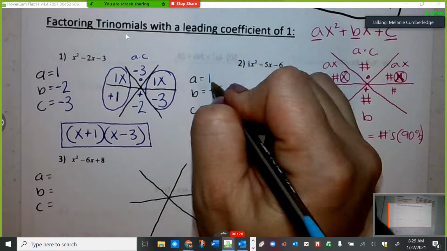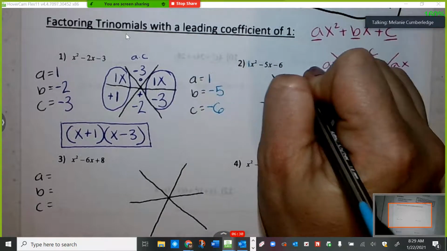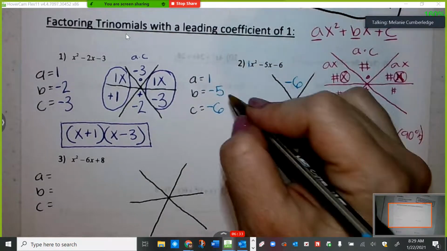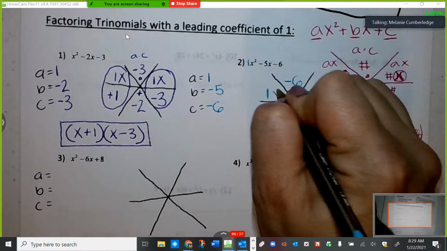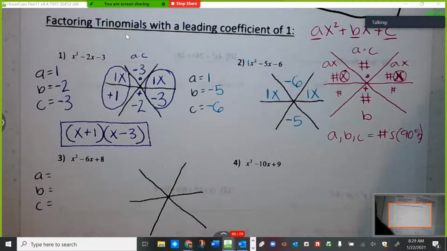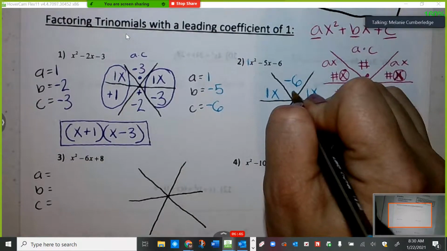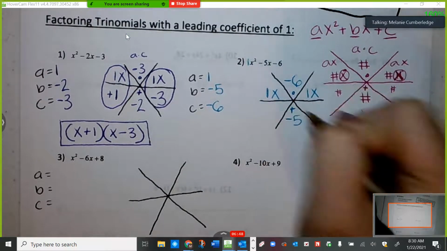Okay, 1 times -6 is -6. B is -5. A is 1. Now, what multiplies to give you -6 but adds to give you -5?